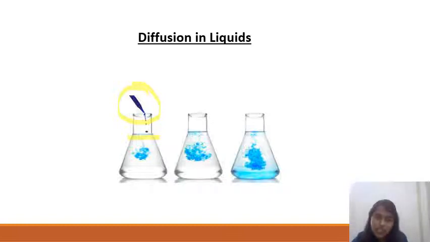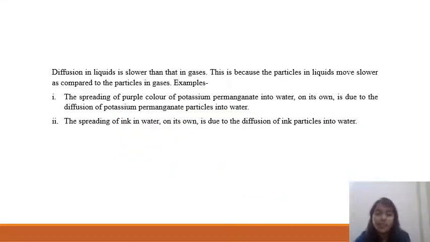You can see now the color is spreading, and after some time the color is spread all over this container. So this means diffusion occurs in liquid also. Okay. Now, diffusion in liquid is slower than that in gas.